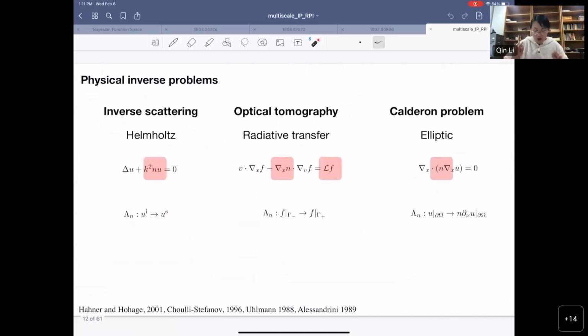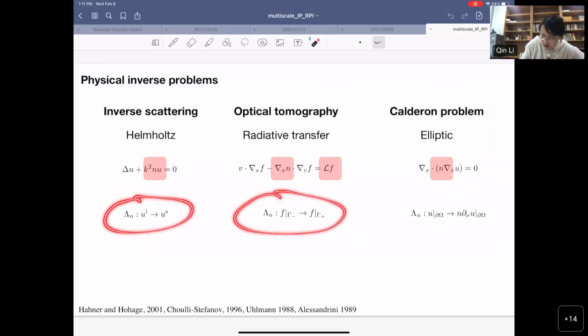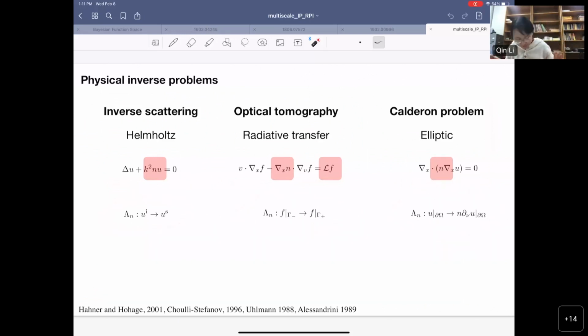Okay, so let's put down the 3 inverse problems side by side. The inverse scattering is the inverse Helmholtz equation. The optical tomography is the inverse radiative transfer equation. The Calderon problem is the inverse elliptic equation. So these 3 equations are written down over here with the associated 3 different data pairs.